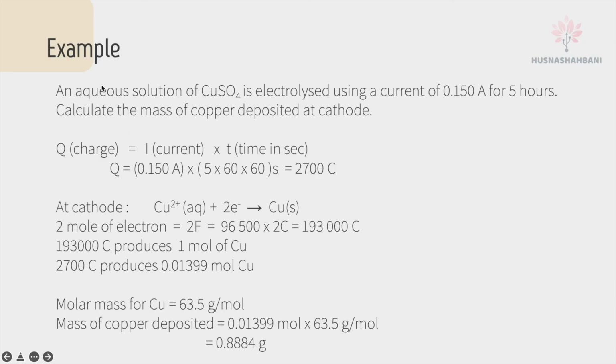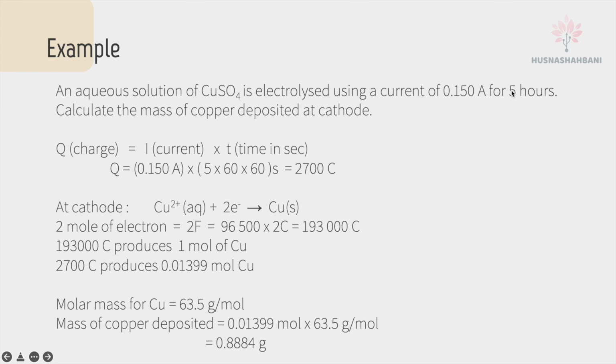For example, we have an aqueous solution of copper sulfate electrolyzed using a current. You have the value of I and time 5 hours. Note that time must be in second. These 5 hours you must convert to second. Calculate the mass of copper deposited. So we need to calculate the mass of copper deposited at the cathode. Now we have I and t.